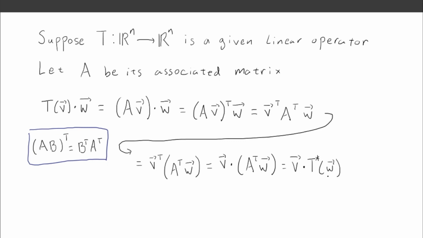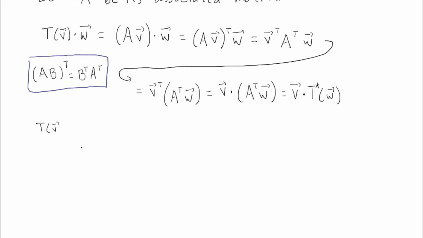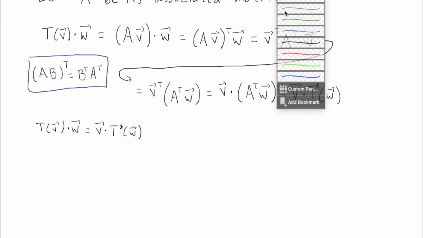Okay? And here's what we find. We can write it just in terms of T or just in terms of A. If you have a linear operator, TV dot W, you can send T to the other side, but then you need to star it, right? You get this other operator. Sometimes it's called the adjoint or the dual operator. Right, so for any two vectors, you get that identity.